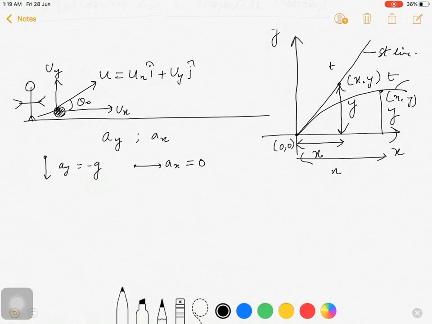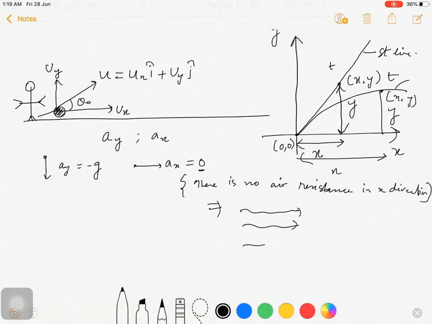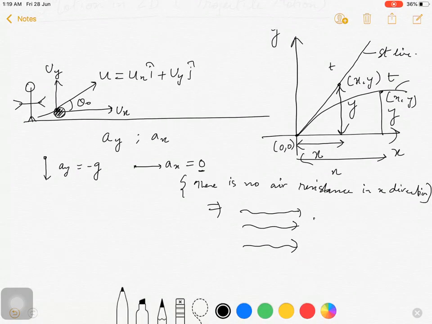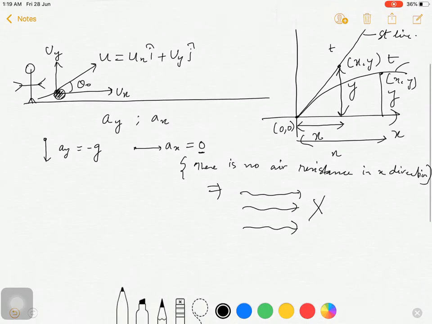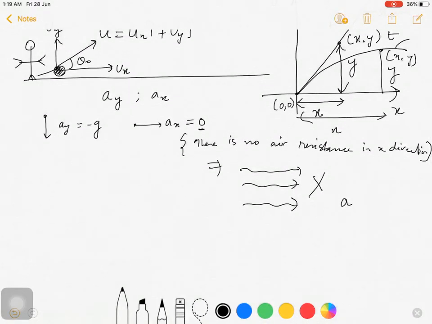It is assumed to be 0 because we are assuming there is no air resistance in x direction, which means that there are no winds moving in x direction. So the acceleration vector is 0 i cap minus g j cap.